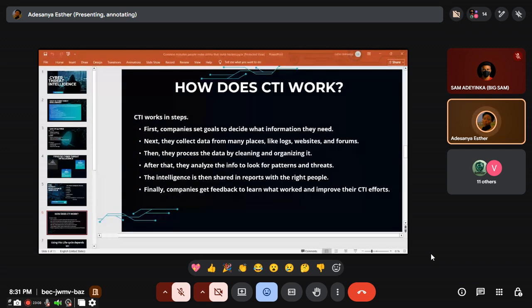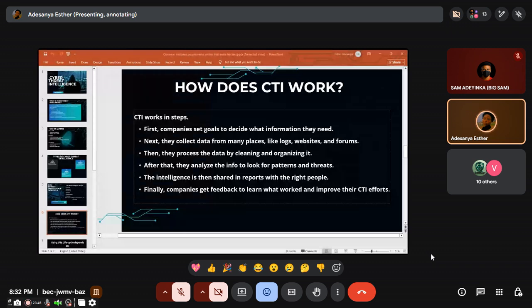CTI analysts use these platforms to analyze all their information. We have OpenCTI.